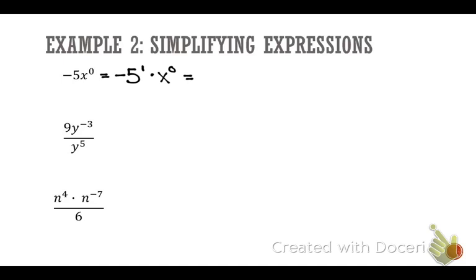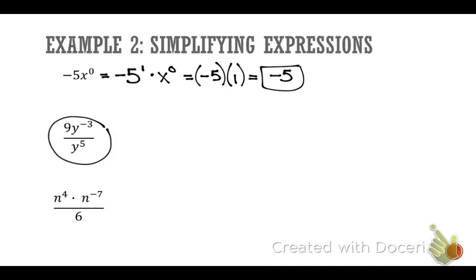So that is negative 5 times 1, which is just negative 5. Okay? So a number and a variable together in an expression does not mean they're both raised to that power. Okay? So that's really important.